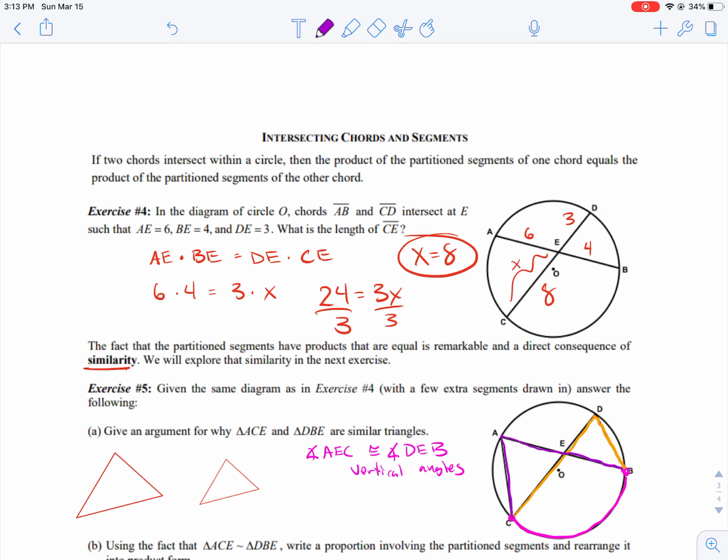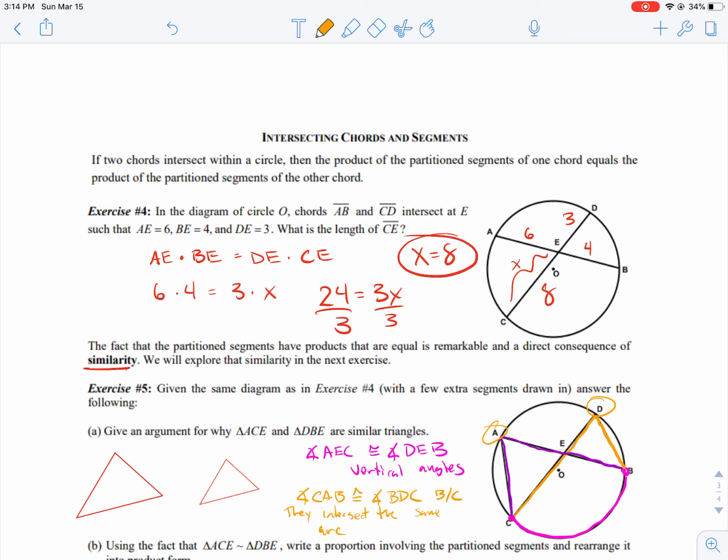So, what do we know about these two angle measures? These two angle measures are congruent because they intersect the same arc.